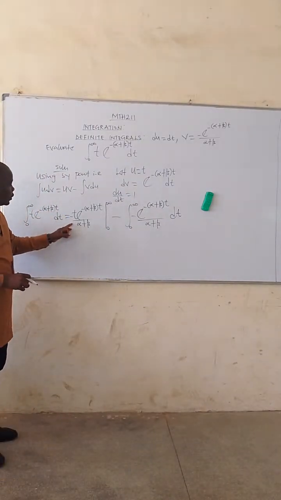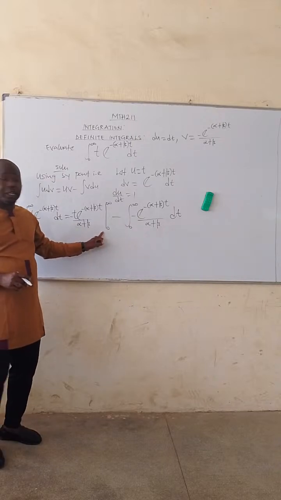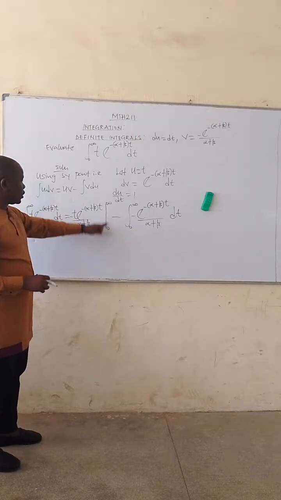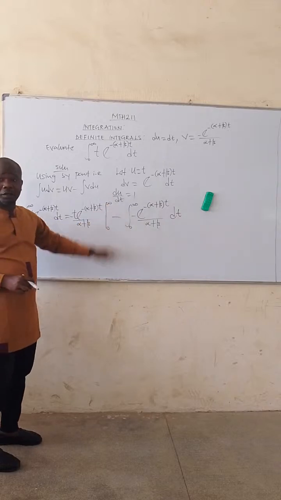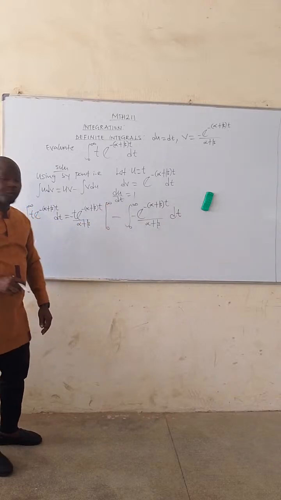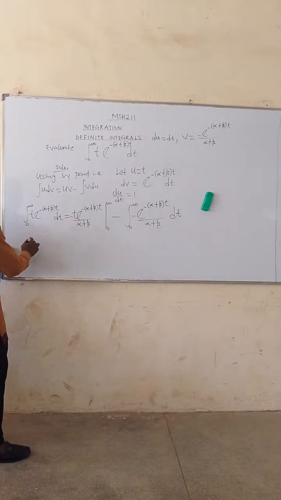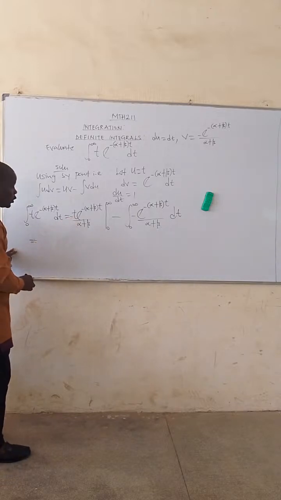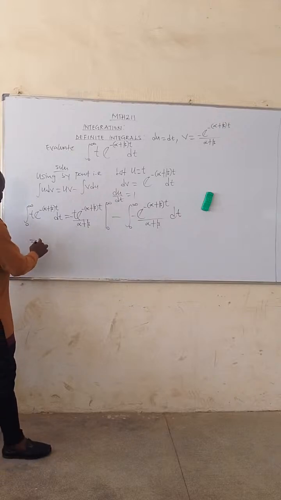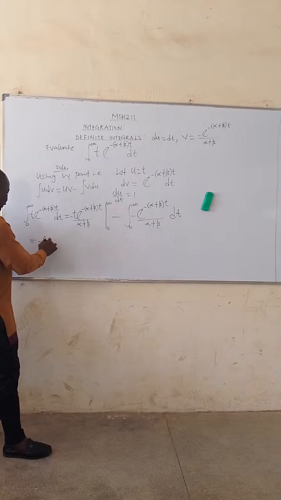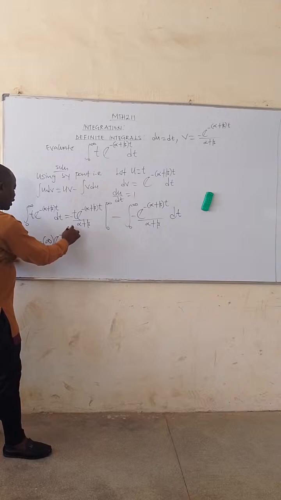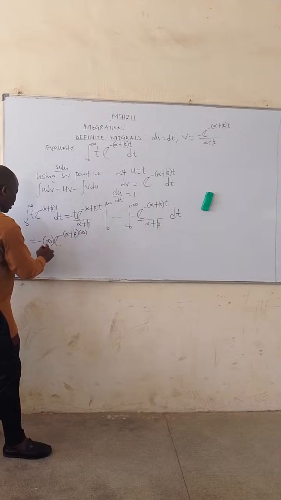So what we need to do here is to substitute, subtracting the lower limit from the upper limit, right? So here will be minus, here will be infinity times exponential minus open bracket alpha plus beta times infinity, all over alpha plus beta.